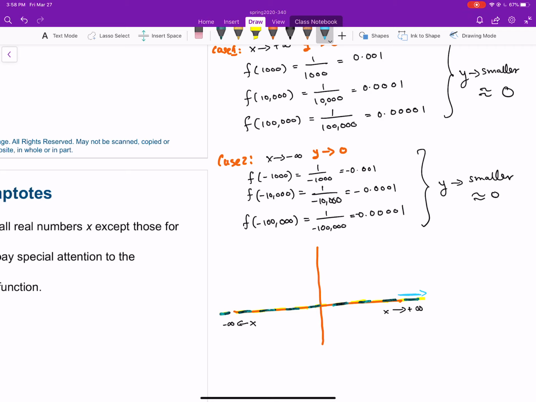The end behavior of the graph is looking like that or like that. As you get closer and closer to positive or negative infinity, the y value approaches 0, the line 0.